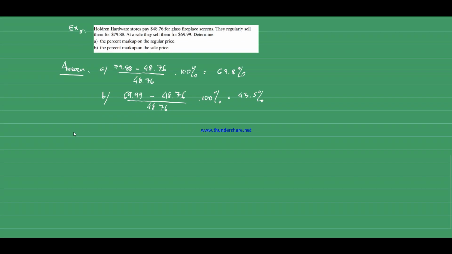But in example number 6 here, okay, we're gonna learn how to calculate the percent sales tax. Okay, and I have the problem like this. I don't have the problem, so I have to write it down.